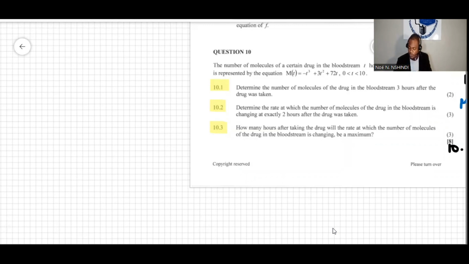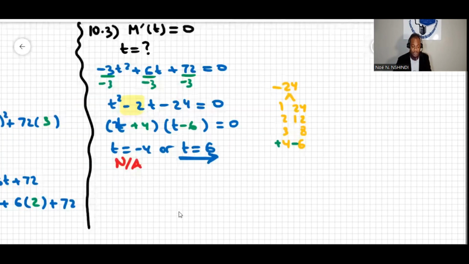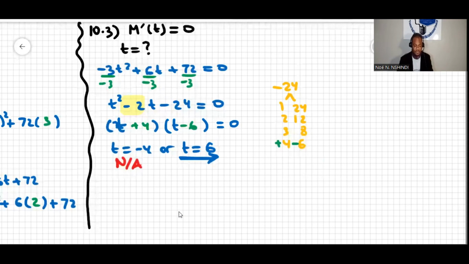This means we're not going to make the derivative equal to 0, but rather the second derivative equal to 0, because the derivative is given by this. To find the maximum rate of change, we work out m double prime of t. This will be equal to negative 6t plus 6. Now we set this equal to 0.